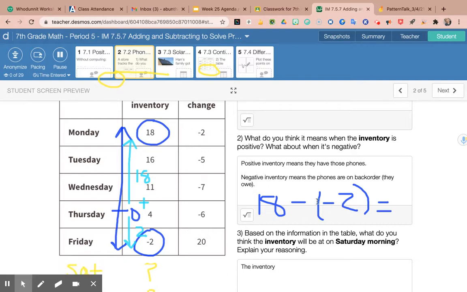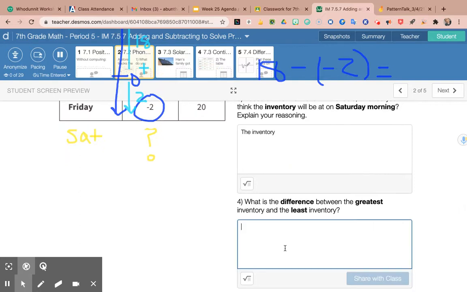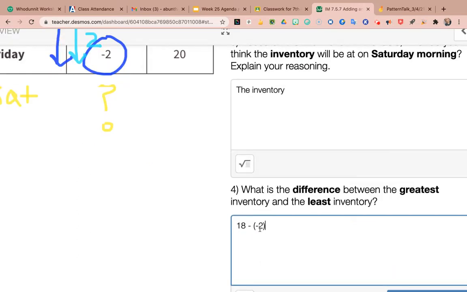Or this will give you the same problem, because remember, these two subtraction signs cancel out and make a plus. So down here on the last one, what's the difference between the greatest, which is 18, difference is subtracting, and then the least inventory was -2. It's important to notice that the least was -2, and the difference sign, those are two different things, so don't leave them out. It's not 18 minus 2, it's 18 minus -2.